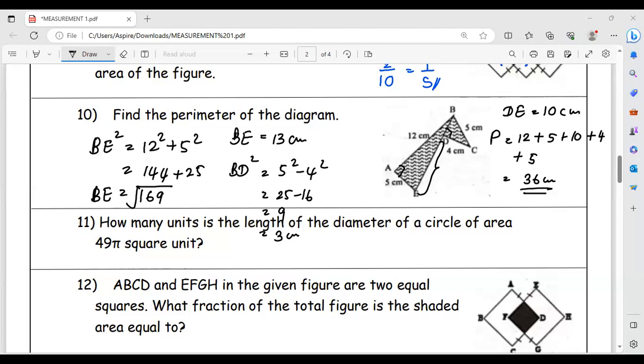They have given it. Then we can cancel π on both sides. Then d over 2 squared equals 49. Take the square root of both sides. Then d over 2 equals 7. Then d equals 14 centimeters.